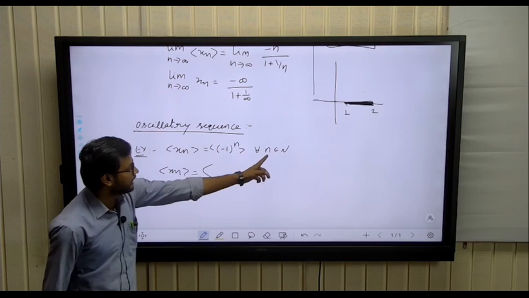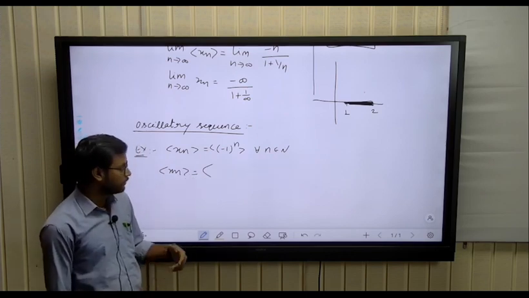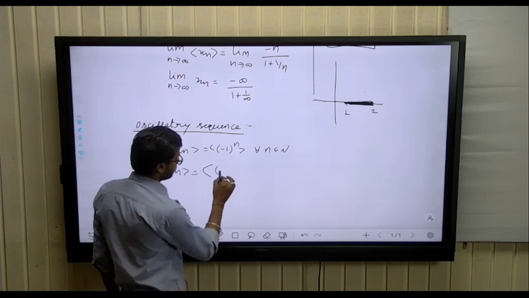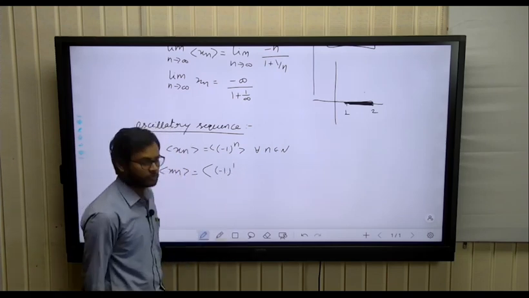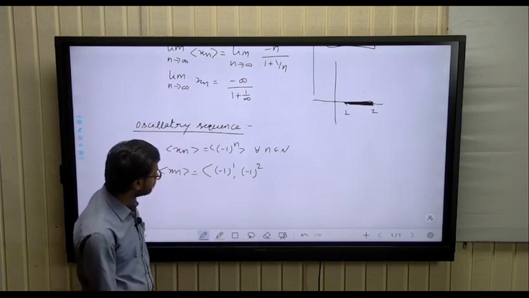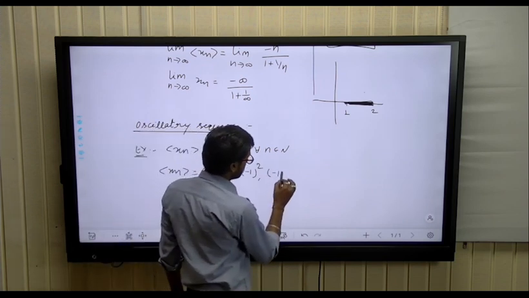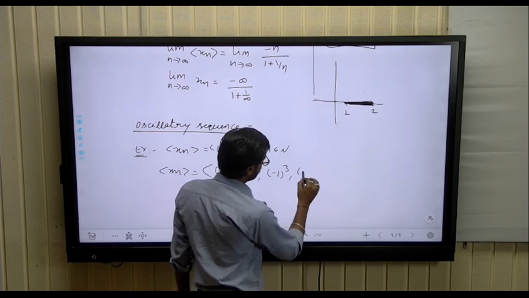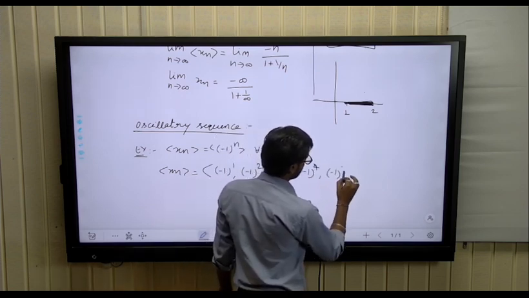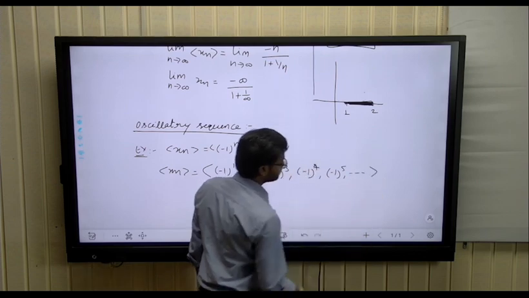We know that n comes from the natural numbers, which start from 1. So the first term is (-1)^1, the second term is (-1)^2, the third term is (-1)^3, the fourth term is (-1)^4, the fifth term is (-1)^5, and so on.